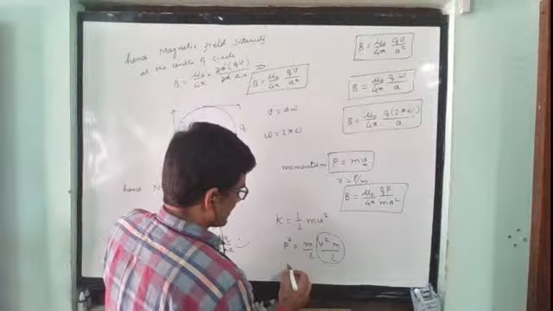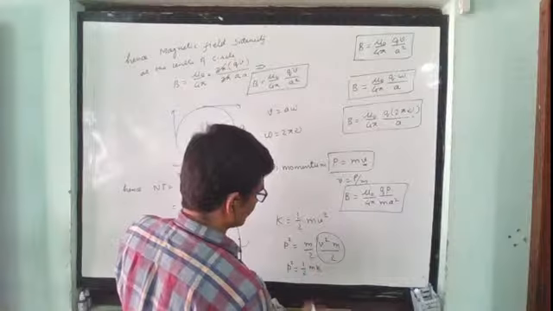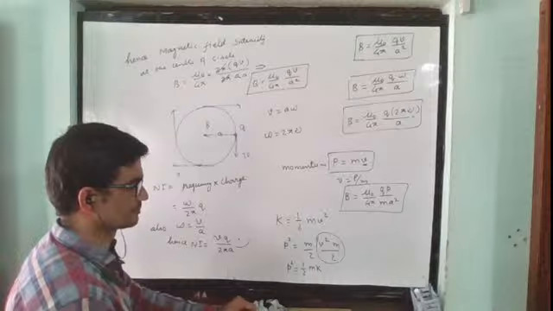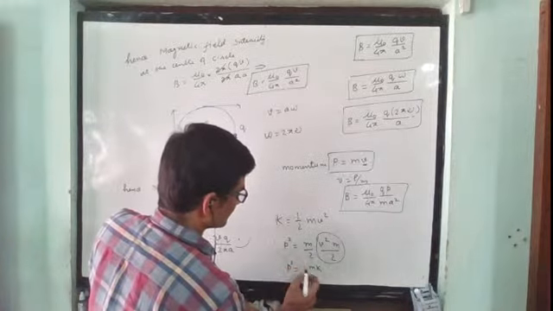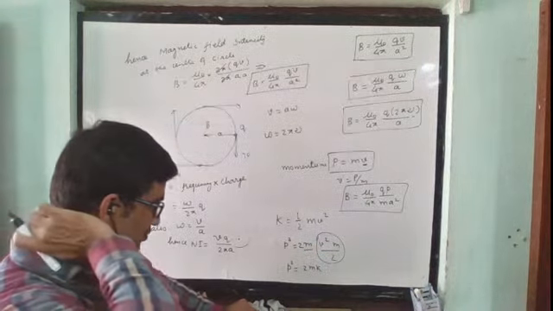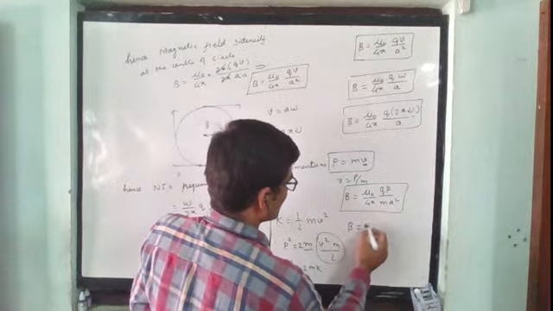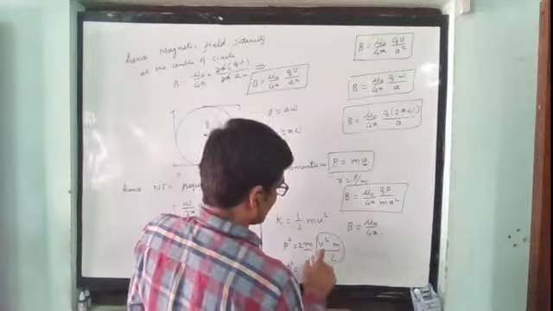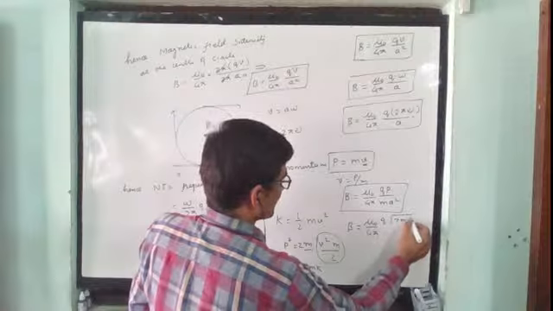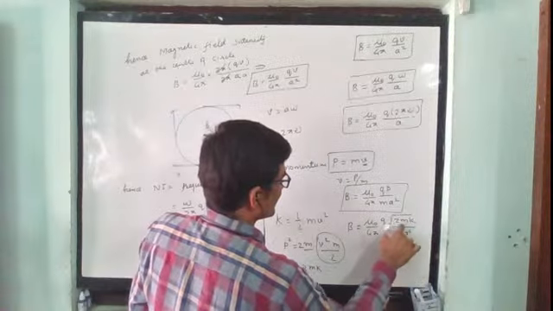So p square is equal to half mk, sorry, 2 mk. Multiplying and dividing by 2, p square equal to 2 mk. So put this value here, and we have one more relation: p is equal to root over 2mk. So see, m is in the denominator also, so one m will be cancelled out.